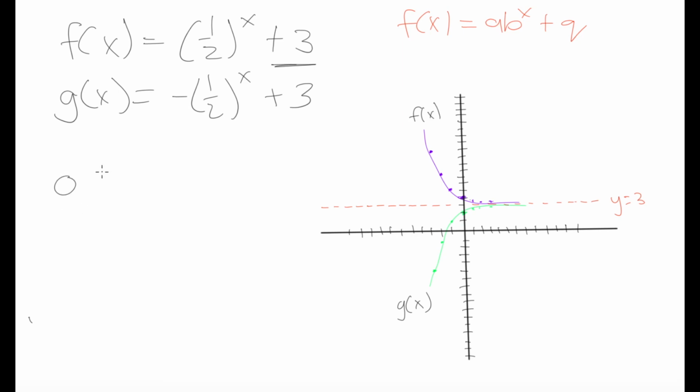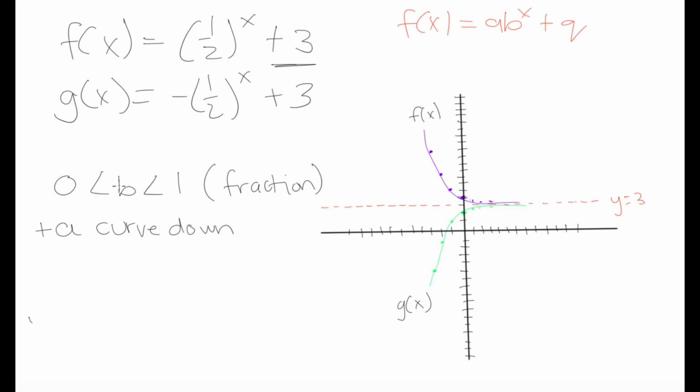When we have a b value in between 0 and 1, that means our b value is a fraction. If our a is positive, we're going to have an a value of either 1 in the case of f of x or -1 in the case of g of x. So if we have a positive a value and b is a fraction, then we are going to have our graph curve downwards.